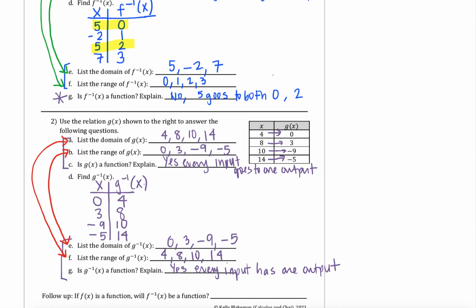And it's interesting to see that just because the original relation is indeed a function, the inverse sometimes is a function, like it was in example 2, and sometimes the inverse is not a function, like in example 1. So with our follow-up question of if f of x is a function, will the inverse be a function? Sometimes that happens, and sometimes it doesn't. And we're going to talk about how I can really see if this is going to happen or not to be able to determine what's going on.